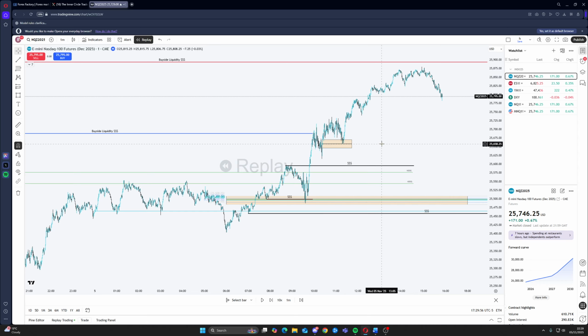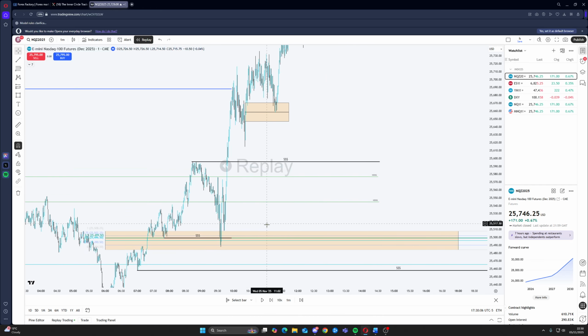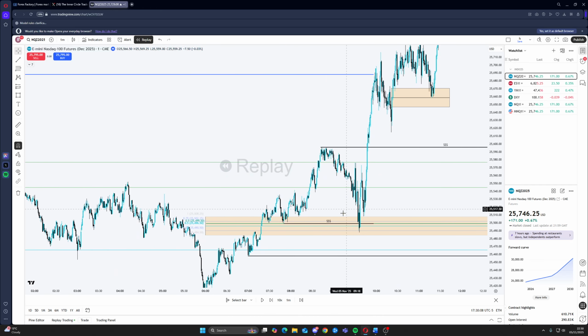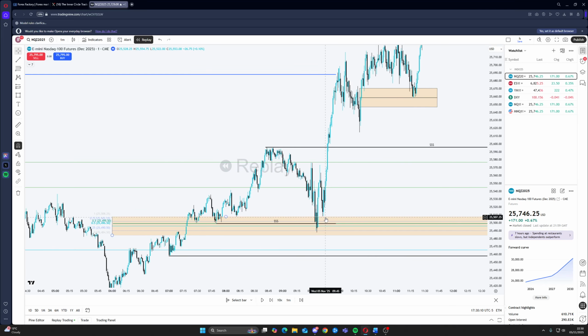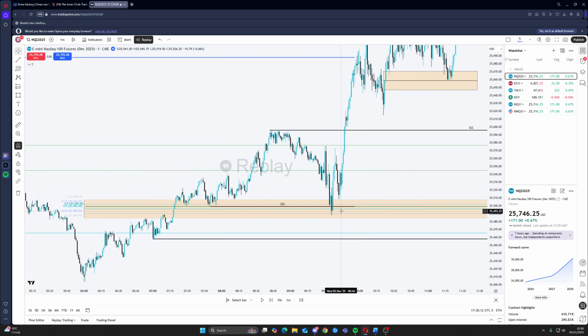So that's two. And then the third thing is just patience. Wait for price, right? Price, once it hits these PD arrays in time, right? In time. And this time is the opening range.